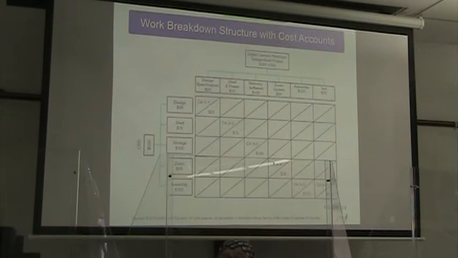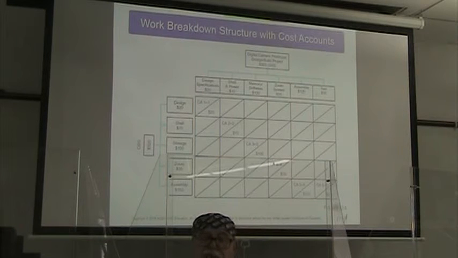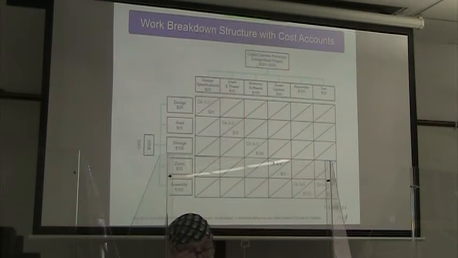All right, so here we have our work breakdown structure with our cost accounts. Okay, so we can see that this is a fairly simple example where we're doing a digital camera prototype. It's a design build project budgeted at $320,000.